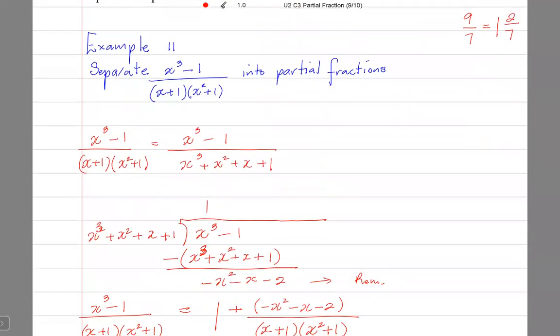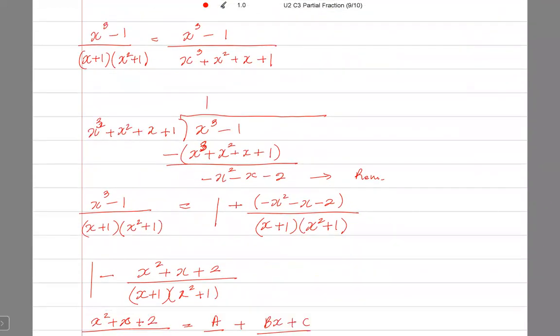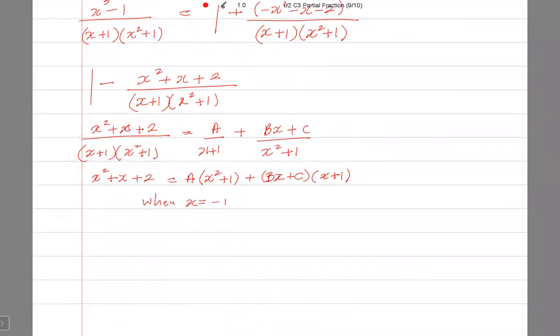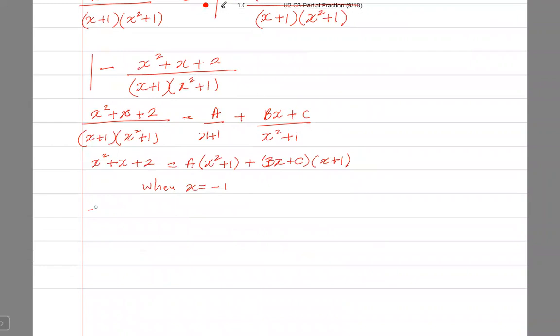When x is equal to minus 1, we're going to have minus 1 squared plus minus 1 plus 2, and this is equal to a into minus 1 squared plus 1, and everything on the right is going to go.